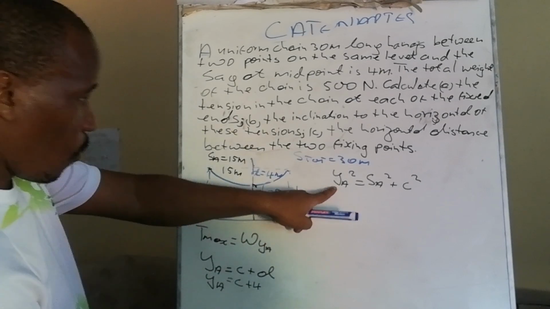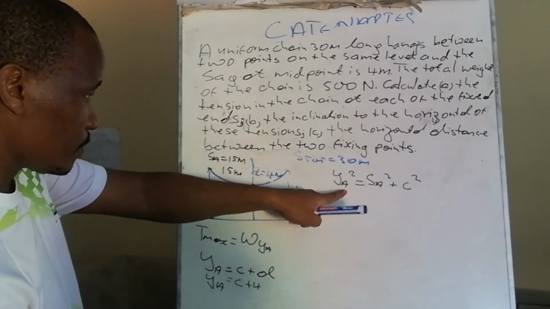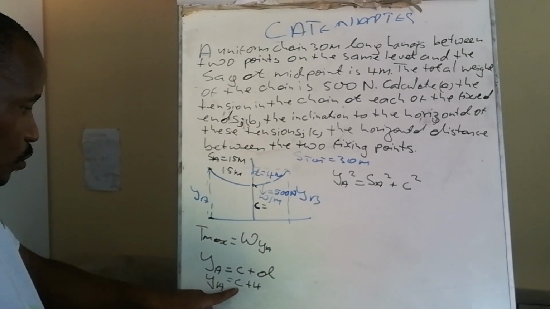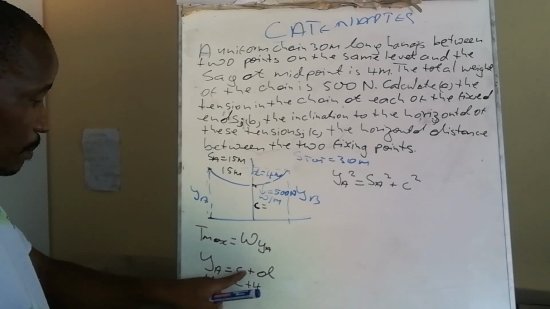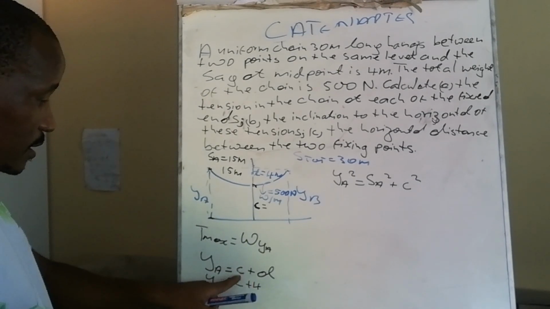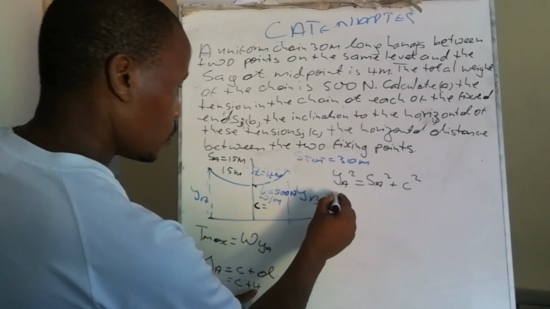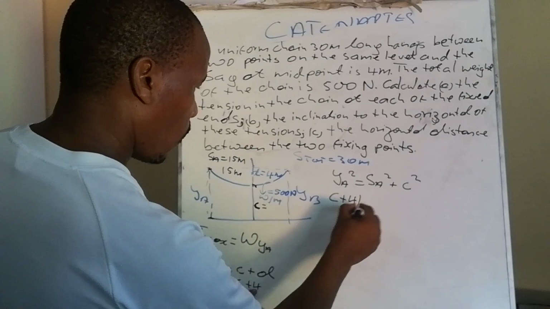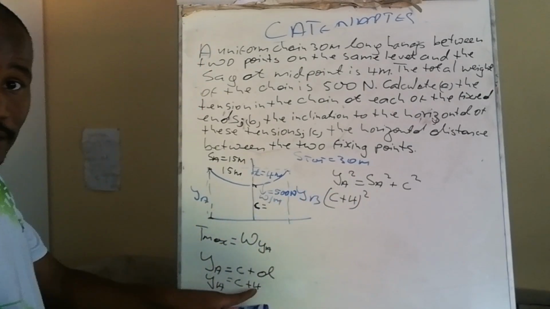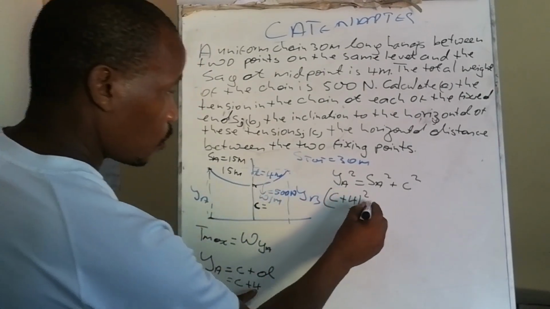Now, YA is equals to what? YA is equals to C plus 4. It's C plus D, but C plus D is equals to C plus 4 because C is not given. So it's C plus 4 squared. It's equals to what?